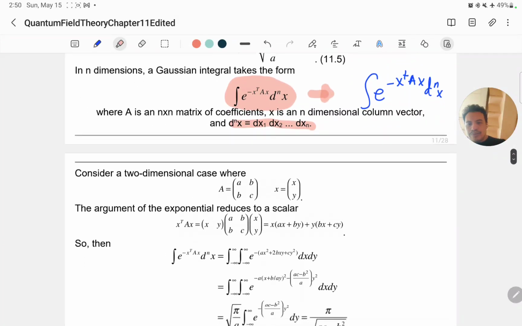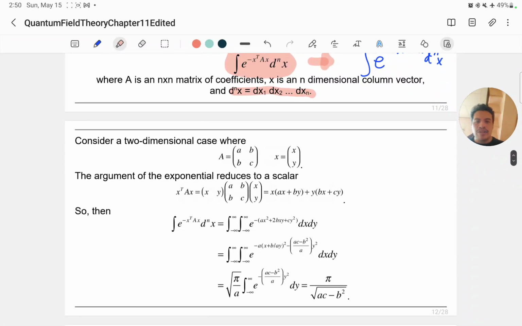So if you just have a two-dimensional matrix, then the form of your A would be this, and your x would be here.